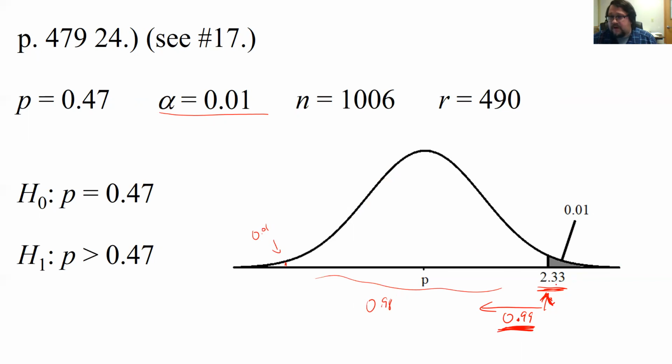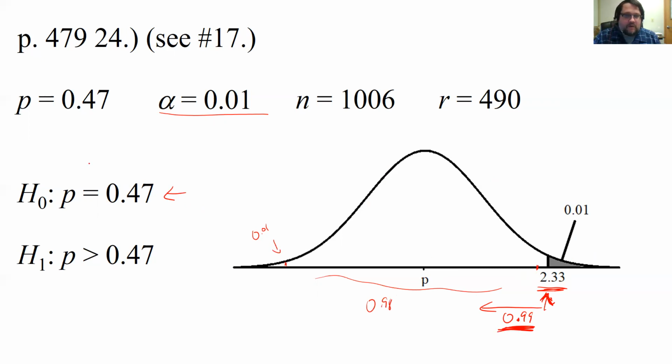So what's going to happen here? If I get a Z value that's 2.33 or more, I'm going to reject this null hypothesis and say, oh yeah, this group is more loyal than that. If I get a value less than 2.33 somewhere over here, I'm going to say no, it doesn't appear that they are more loyal.